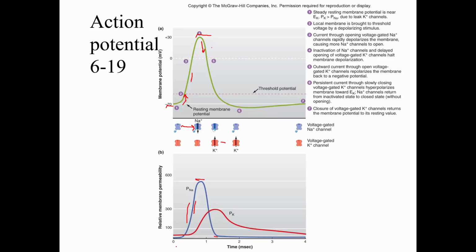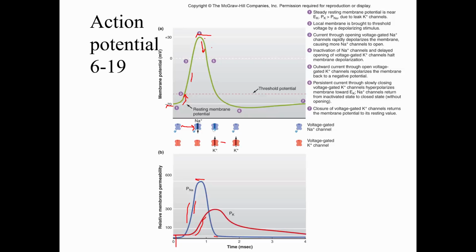With the same depolarizing stimulus, we get the opening of potassium channels, but because they're slower, we see their effects later. So potassium channels slowly open. We're not seeing much in the way of the action potential until the sodium channels inactivate.